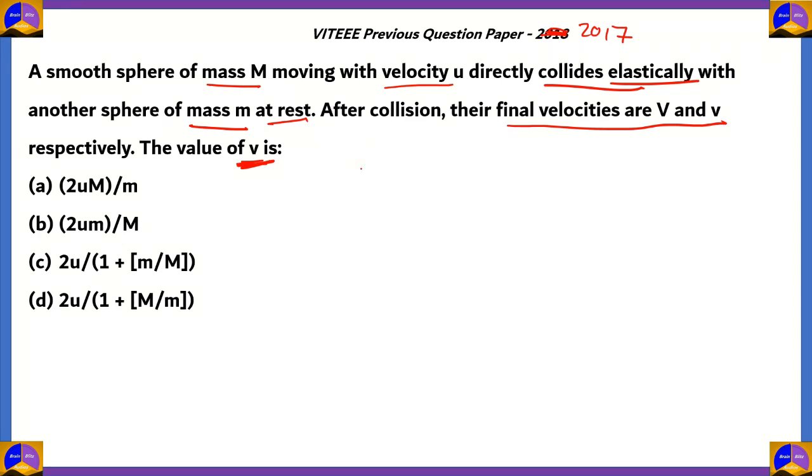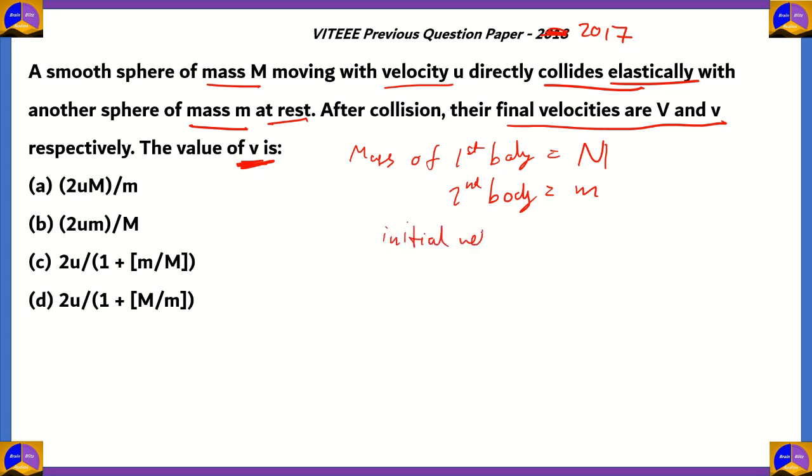So let's once again write down what we have. The mass of the first body is capital M, and that of the second body is small m. The initial velocity of capital M is u, and the initial velocity of small m is 0 because it's at rest.